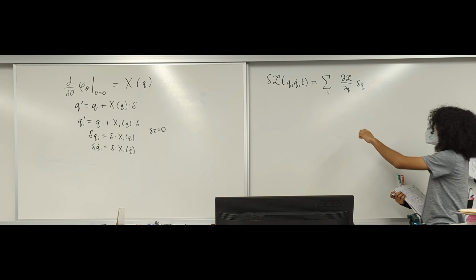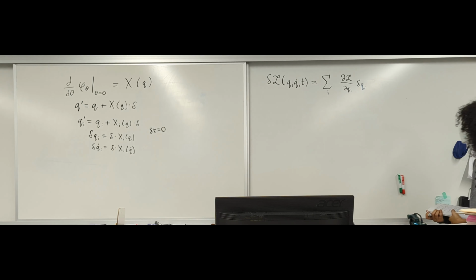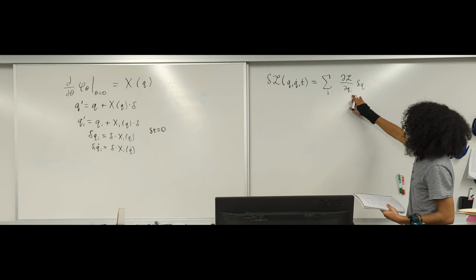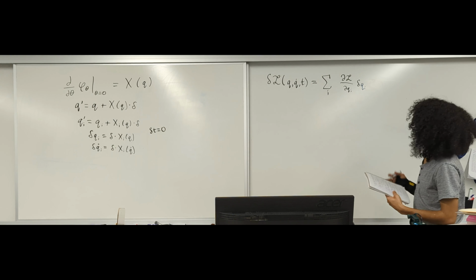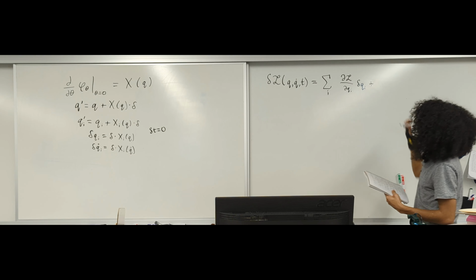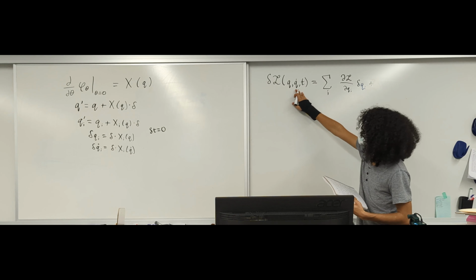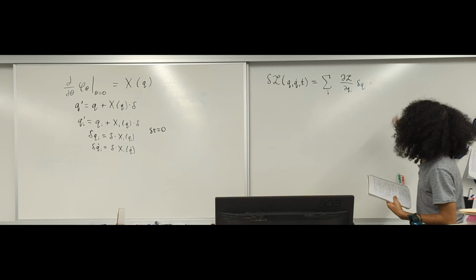It tells you how L will change because of a change in q. So this happens for each degree of freedom, so we have to sum over all of them. And then the Lagrangian also changes due to the change in velocity.